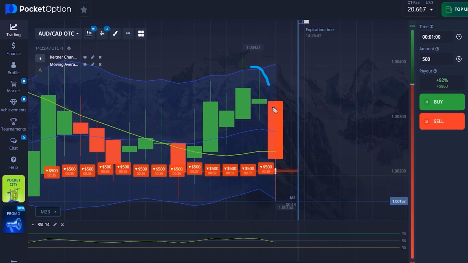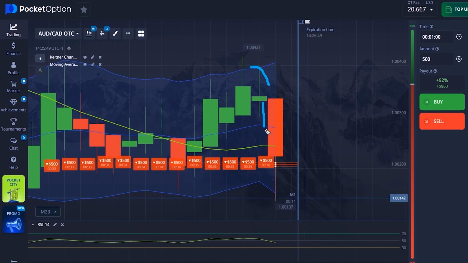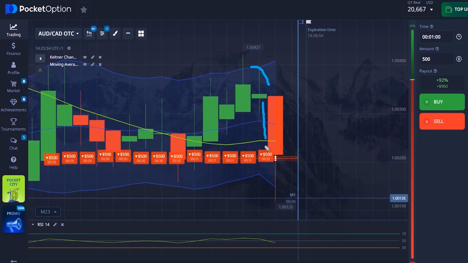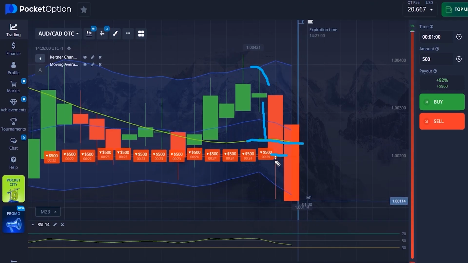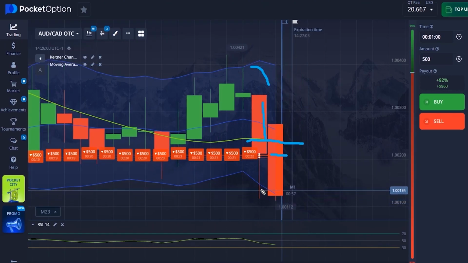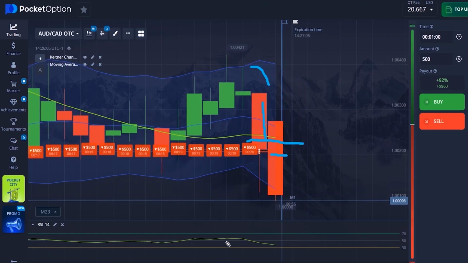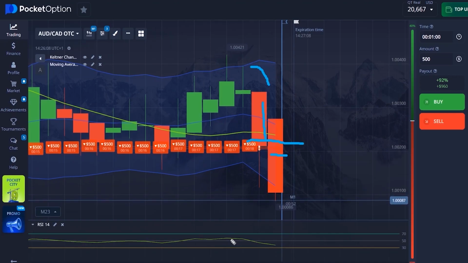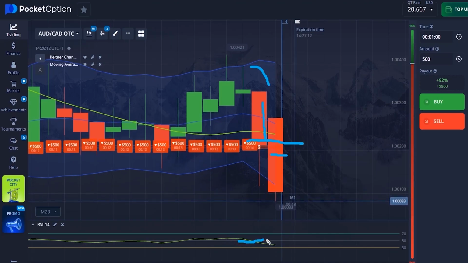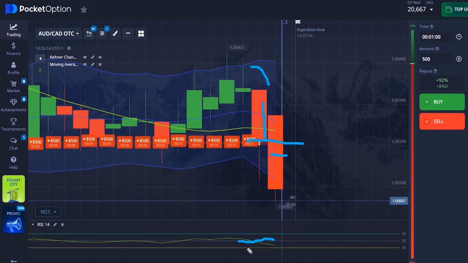Not only that, I have to see a strong and stable candlestick going towards a downside direction, and not only that, the candlestick has to be below the moving average line. This is the moving average line right here. It has to be below it to give me a confirmation of a downward position. Not only that, my RSI indicator has to be moving towards the downside direction. It has to cross the middle line of my RSI indicator to confirm my entry level towards a downside direction.